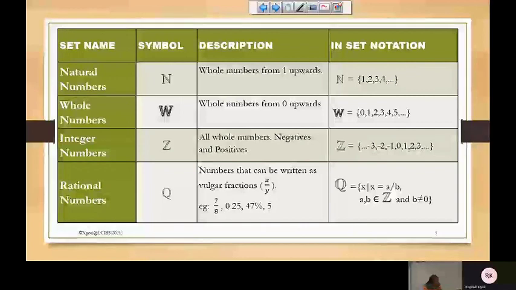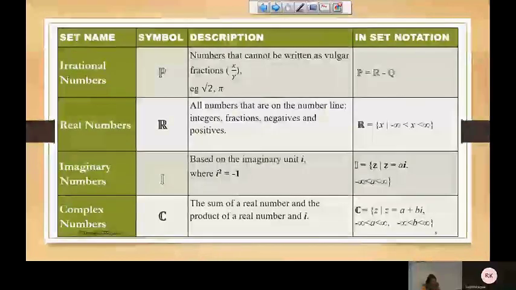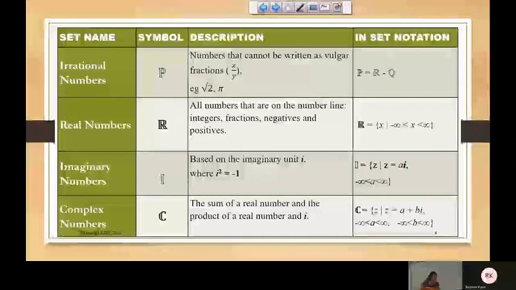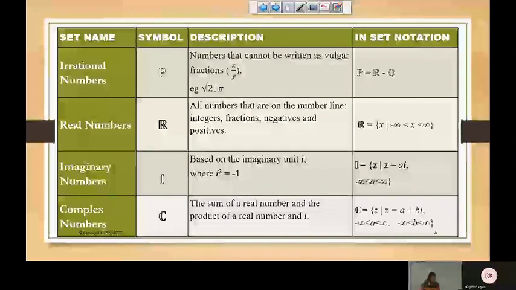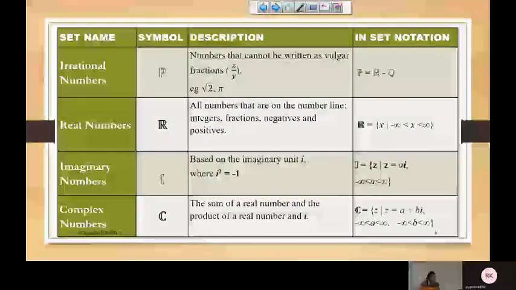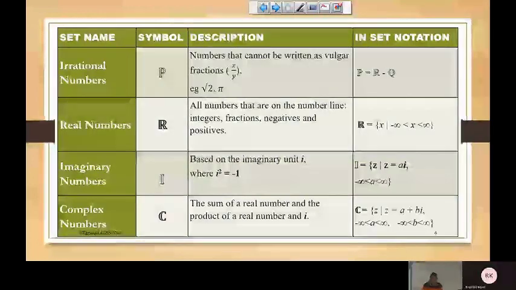So let me just go quickly to irrational numbers and then we'll get back and be able to differentiate between the two. Irrational numbers, we're saying, are represented by the symbol P. These are any numbers that cannot be written in the form of vulgar fractions, in other words, as X over Y. Such numbers do exist. Examples include the square root of 2. Actually, many square roots are written in that particular way.